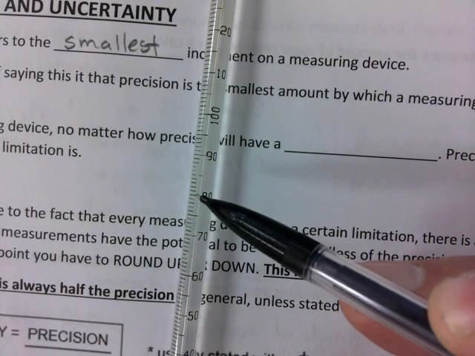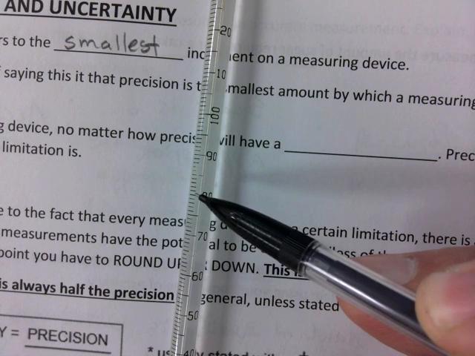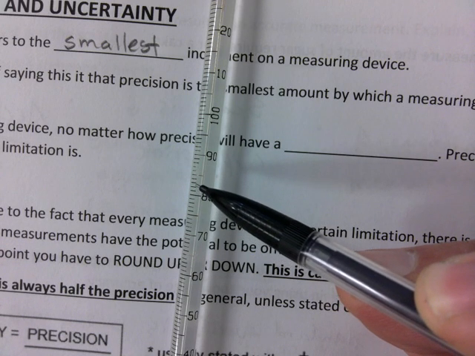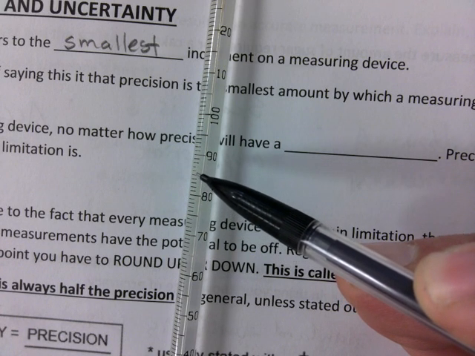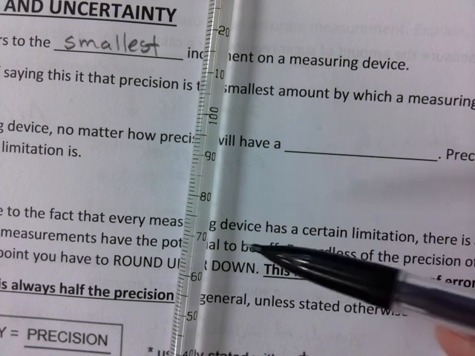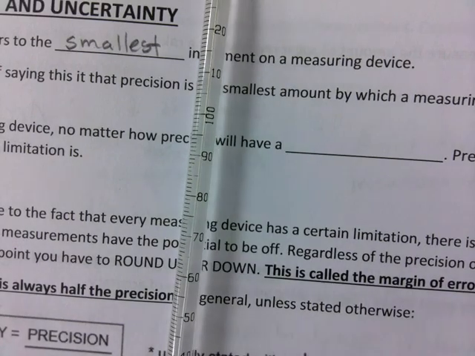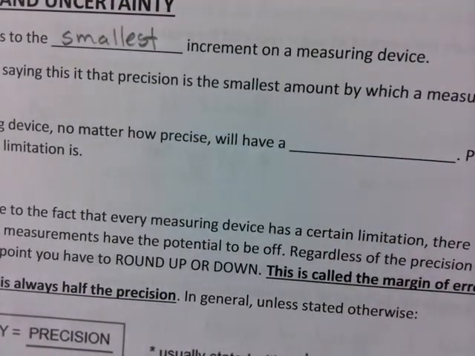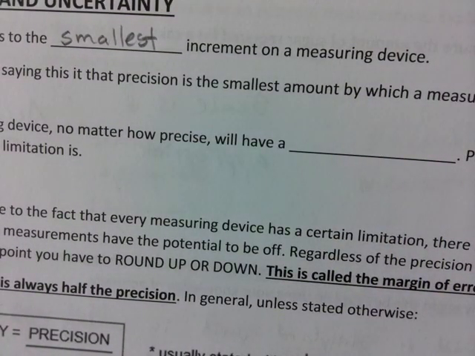There. In this particular case, this one is set to Fahrenheit. So what's the smallest increment for this measuring device? How much are we going up by every marking? We're going up 1 degree Fahrenheit, right? Sorry, it may look like a ruler, but this is actually a thermometer. Yeah, it's a thermometer and it's set to Fahrenheit. No, Celsius. Sorry, my bad, Celsius.